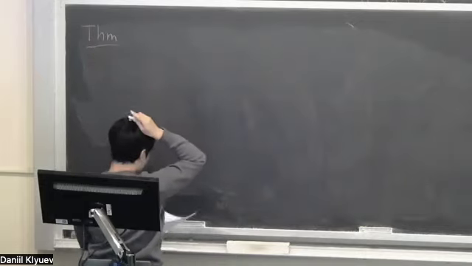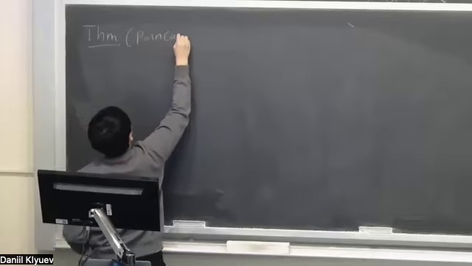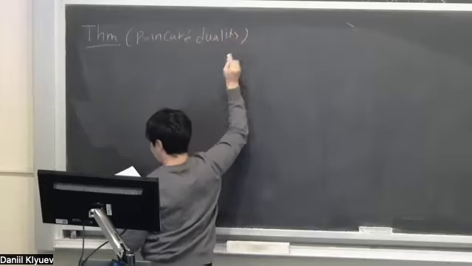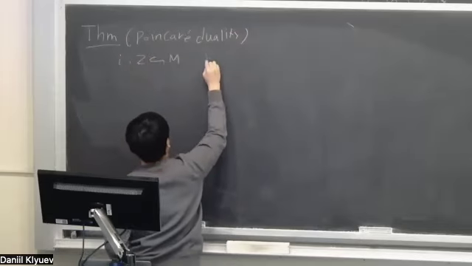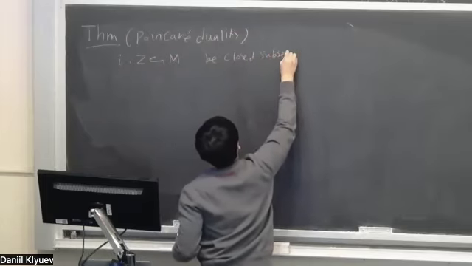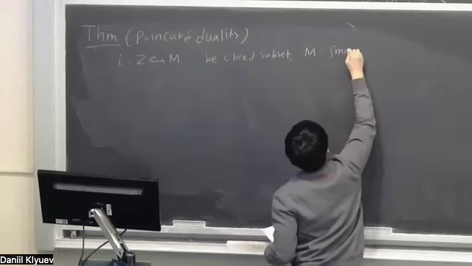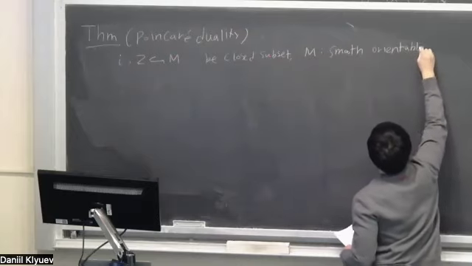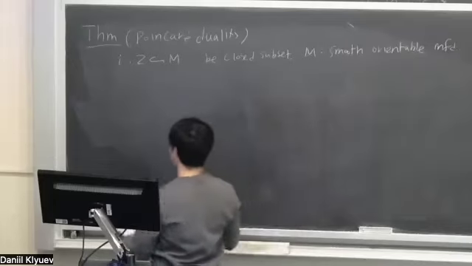And for Borel-Moore homology, we have a Poincaré duality as well. Let i: Z into M be a closed subset, and M is a smooth orientable manifold, for example, a smooth complex algebraic variety.